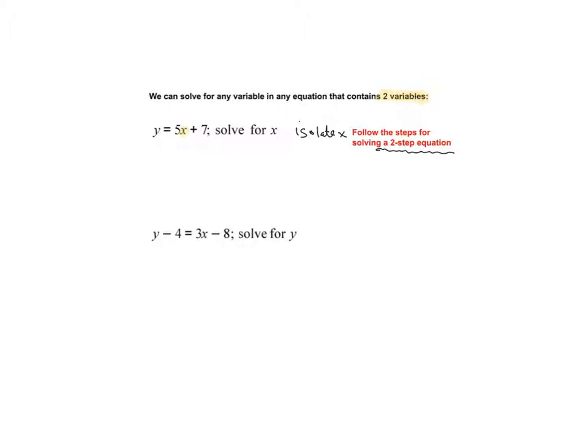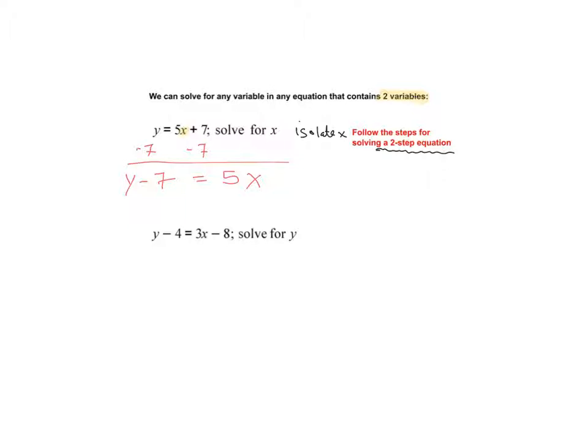So let's think about our steps. We're going to start by taking 7 away from both sides. When I take 7 away from both sides, on the left side I'm left with y minus 7, because I can't combine those, they're not like terms, is equal to 5x.